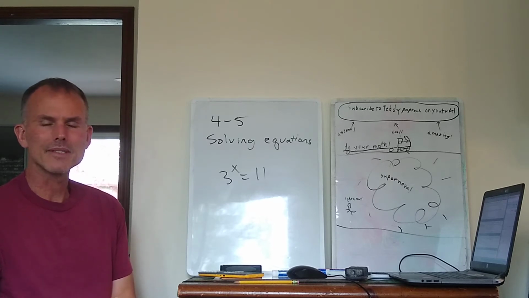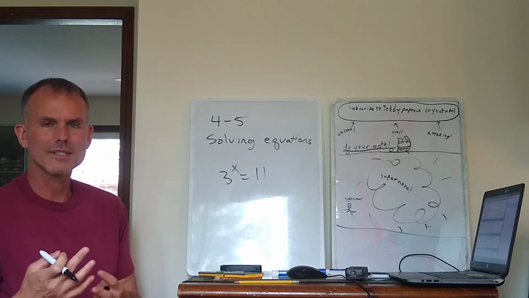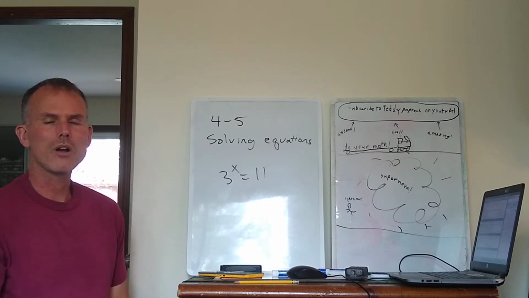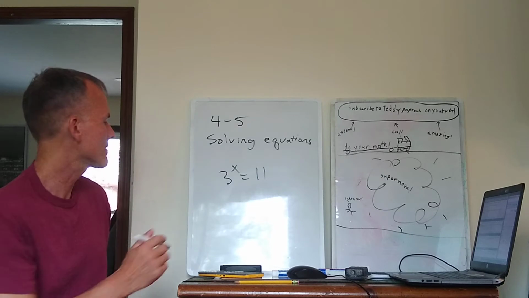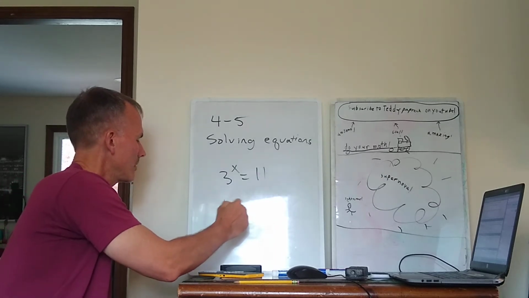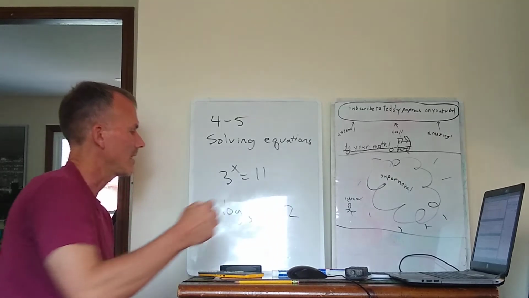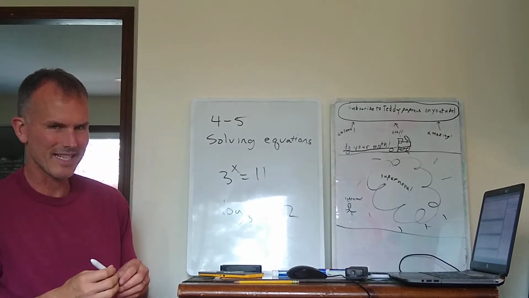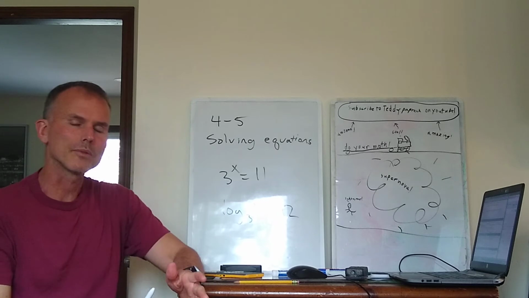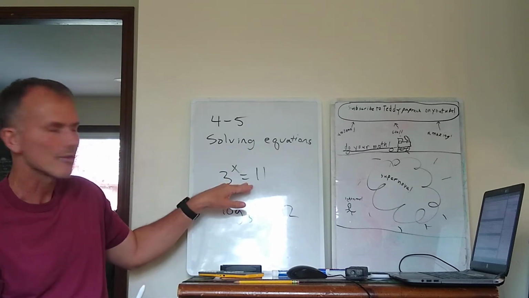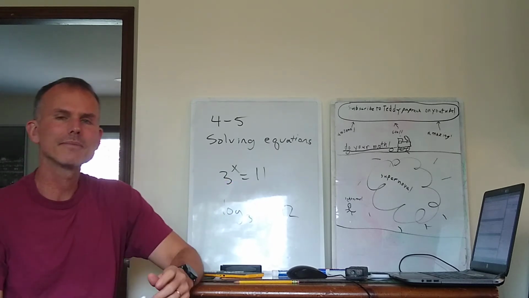And then the other type is called a logarithmic equation, which is going to involve one or more logarithmic expressions. For example, I could have log base 3 of x equals 12. These are obviously both very simple equations, but this is exponential, this is logarithmic.